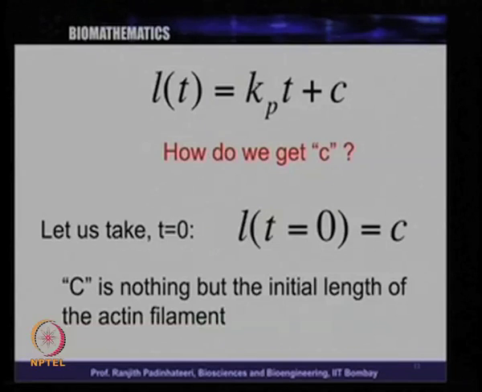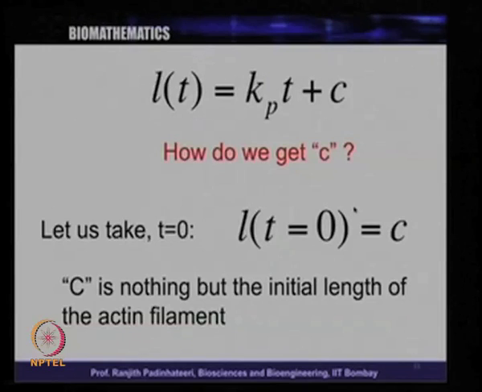Let us take t equal to 0 in the above equation, and see what we get. If we take t equal to 0, we get L at t equal to 0. When t equal to 0, the length is nothing but c. So, c is nothing but the length at t equal to 0, or you can say the initial length. When we start the experiment or the discussion, what was the length?